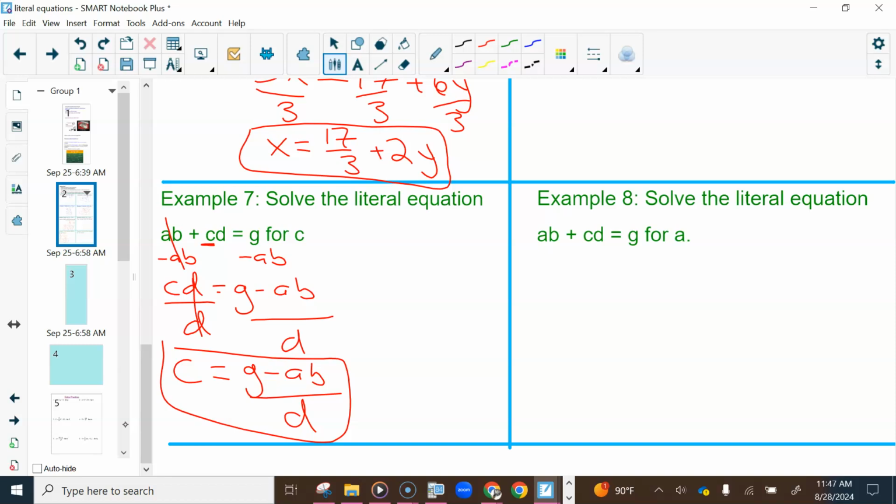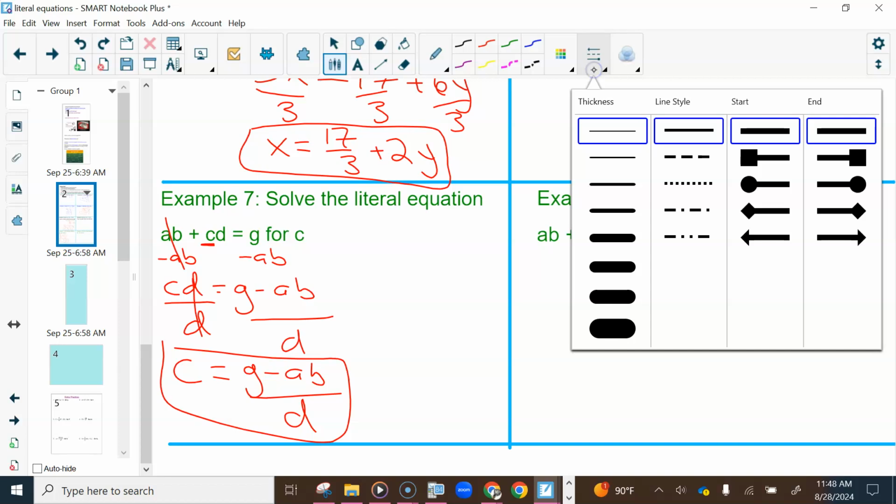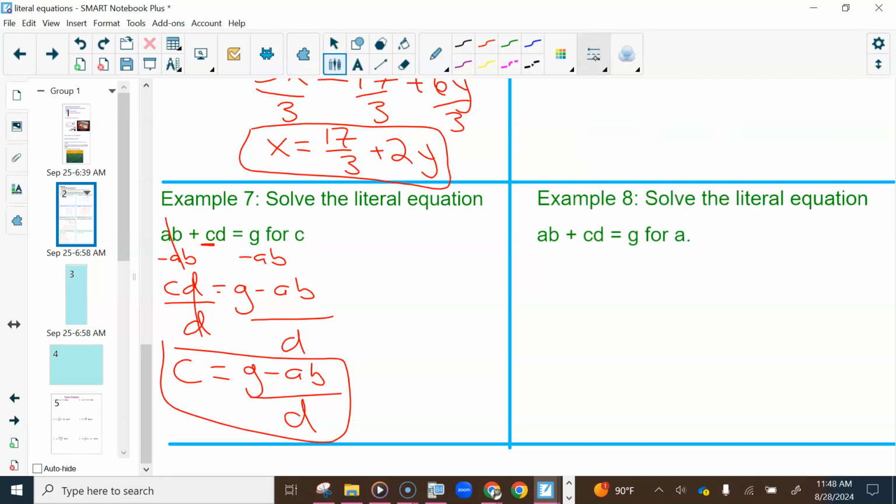Do we want to go through this one, or someone tell me the answer, and then we can see if we got it right? Go through it, okay. And then when we get to the end, we'll see who all got that same answer. So what should we have done first? Subtracted CD. Yes.